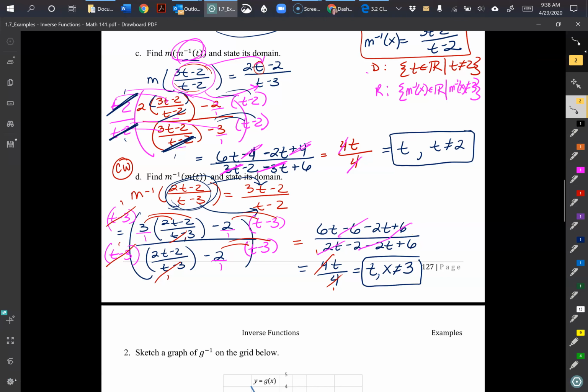So those literally cancel. That's when we can cancel terms, when they're opposite one another, but not when we're reducing fractions. So we have t, but be careful here because your inner function, the t can't equal 0. It's okay if it's 2 this time, but it can't equal 0. So make sure you write it that way.